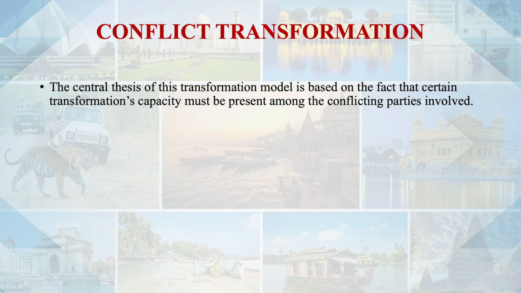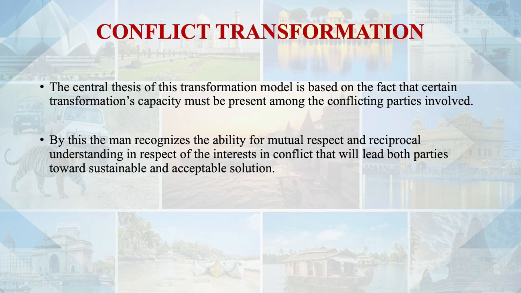Whenever you go for conflict transformation, you must be assured that this capacity is present. It recognizes the ability of mutual respect and reciprocal understanding of the interests of the conflicting parties, both or more than two parties involved. Then we can think of going for conflict transformation.